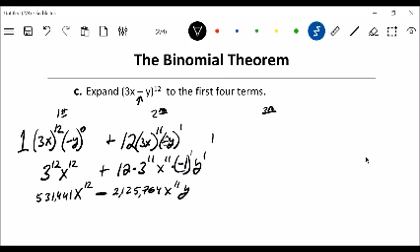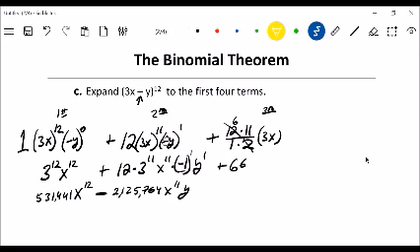So for the third term, I'm going to do the 12 times 11 and 1 times 2. If you do Pascal's triangle, that would work. You could multiply that out or do that whole pyramid, but I find it easier to do this. 12 times 11 over 2, we get a 66 for that part. So we're going to have a plus 66, but now we have 3x, and before it was 3x to the 11th, so now it's going to be 3x to the 10th power, and negative y squared.